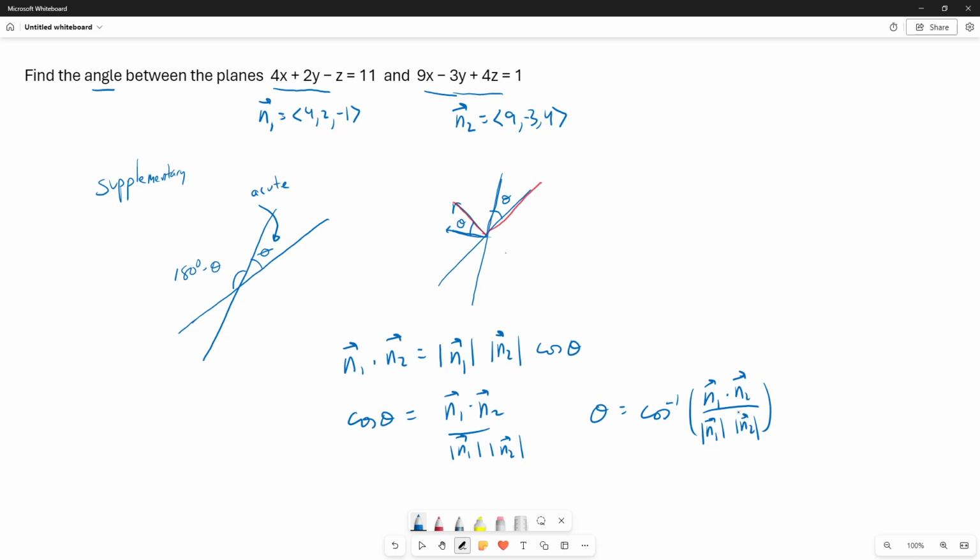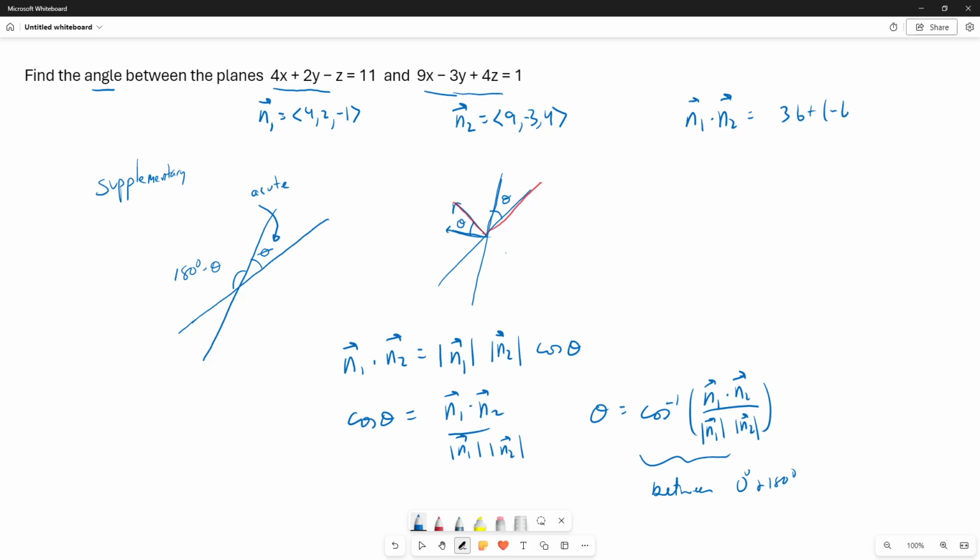And again, this angle will be between 0 and 180 degrees. And if it's bigger than 90, then it's better to subtract this from 180 to get the acute angle.